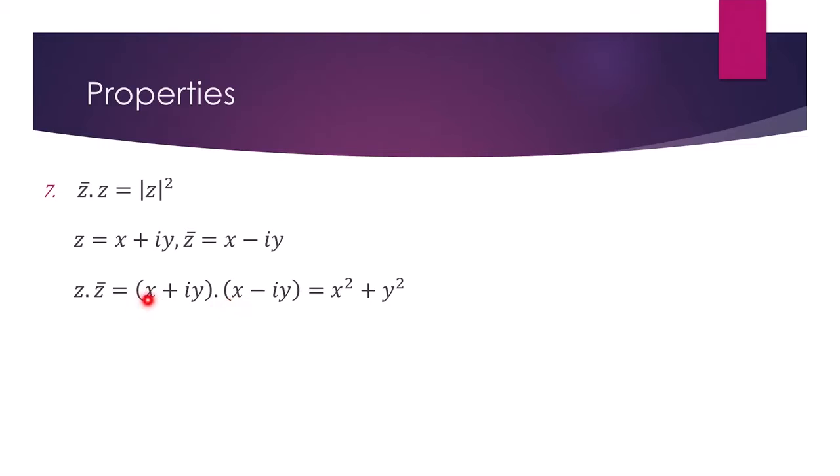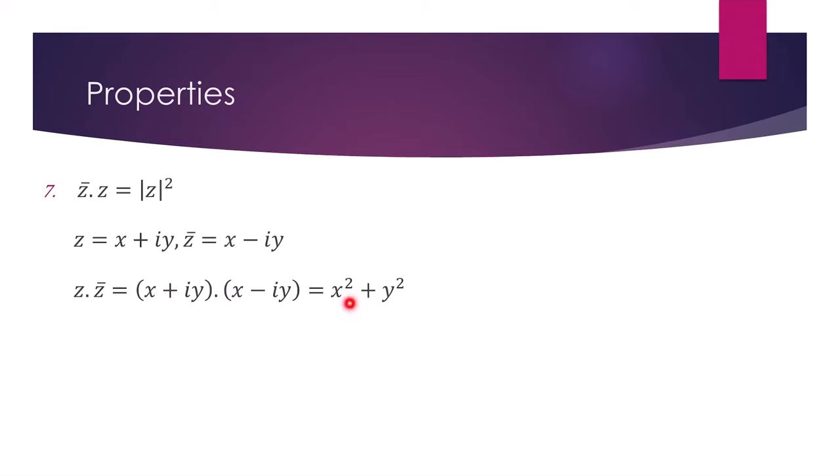Usually we will write (x1 x2 minus y1 y2). So here we have x square minus y times minus y, that is plus y square, plus i into minus ixy plus ixy.